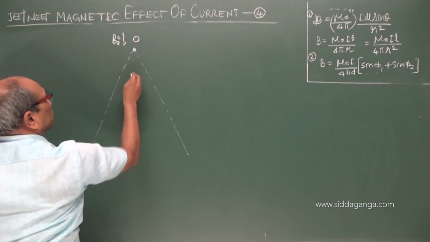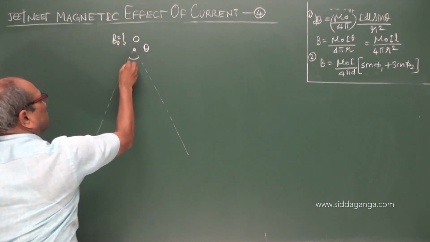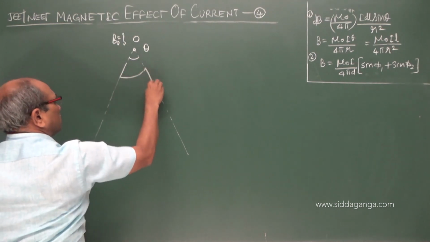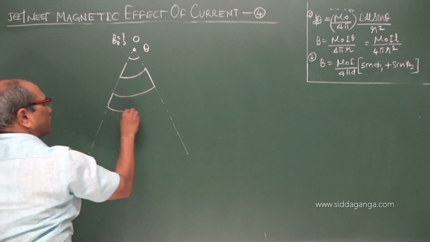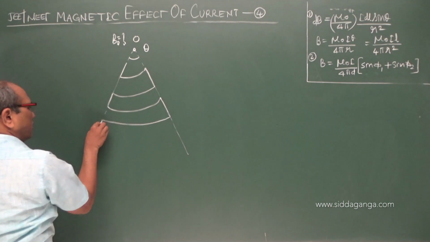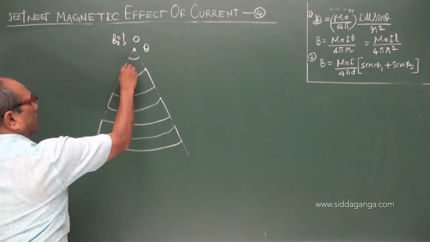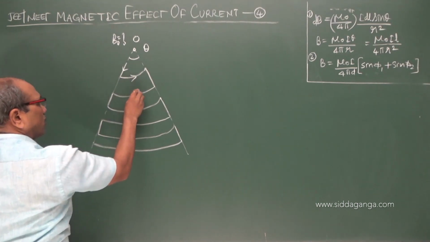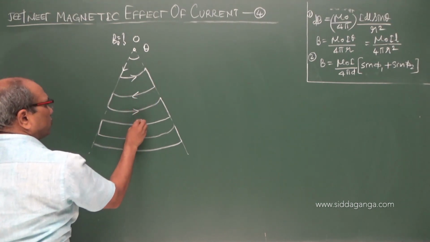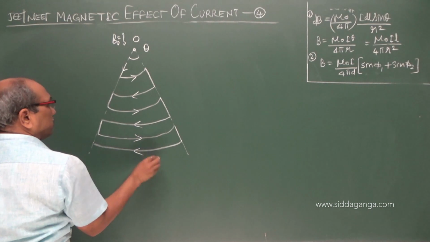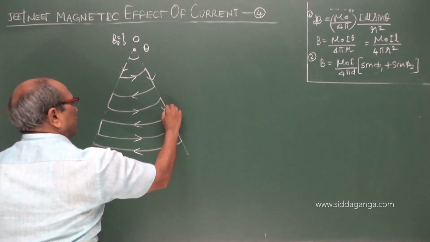This angle is theta, and the curvature is running like this, alternately from one side to the other side. Current flows clockwise, anti-clockwise, clockwise, anti-clockwise.